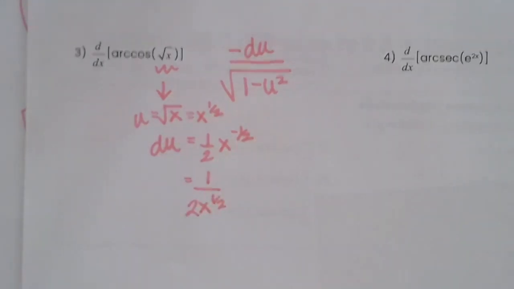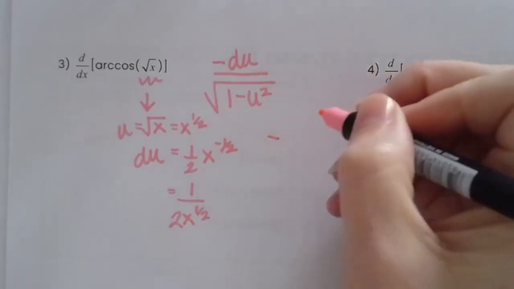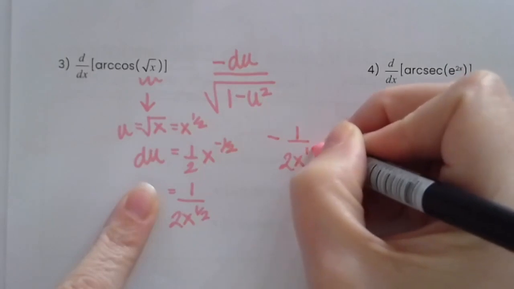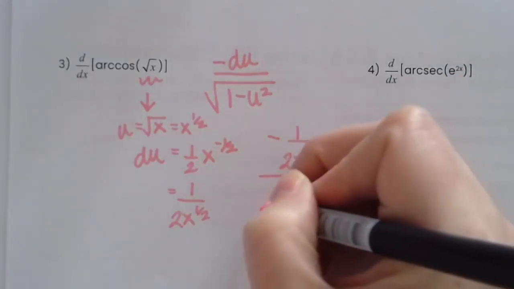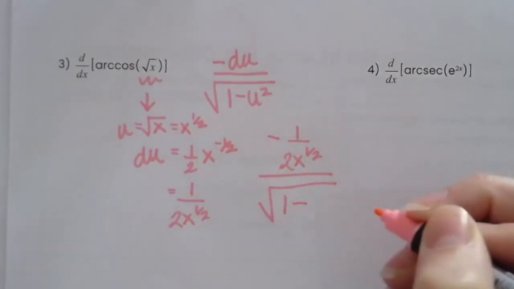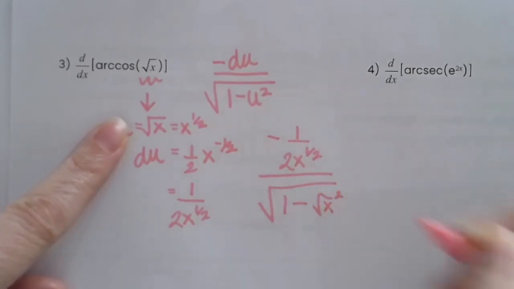You can rewrite it like that. So now I'm just going to fill in my derivative. Negative du, that's negative 1 over 2x to the power of half, divided by the square root of 1 minus u squared. Well, that's square root of x, and then we're going to square it.